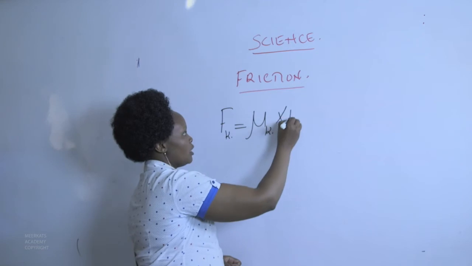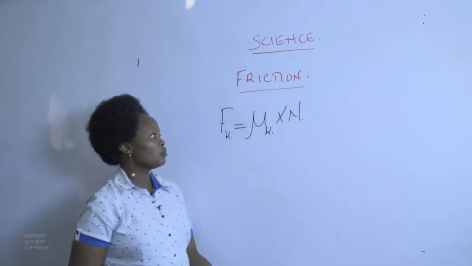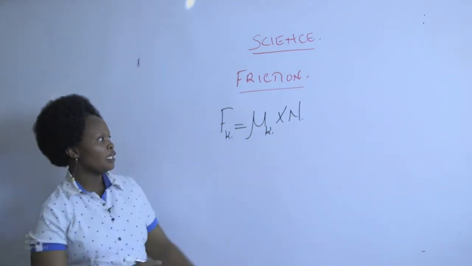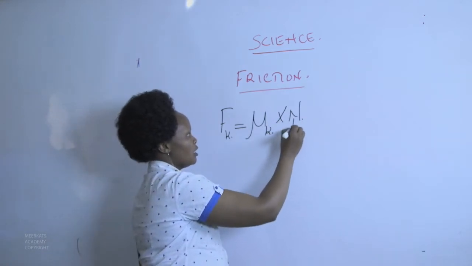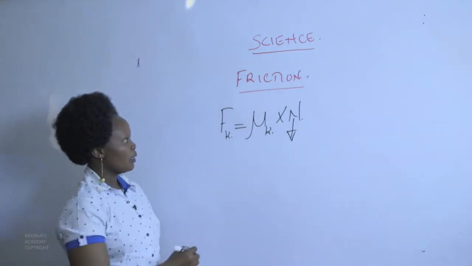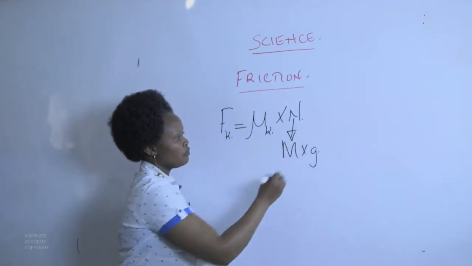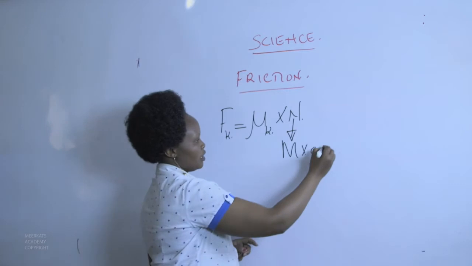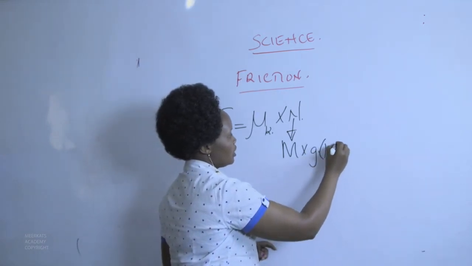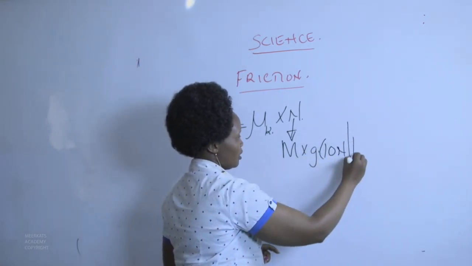That one you multiply by the normal, or what we call the weight. Remember, this is reached by multiplying mass times gravitational force, which I said should be assumed to be 10 newtons per kg.